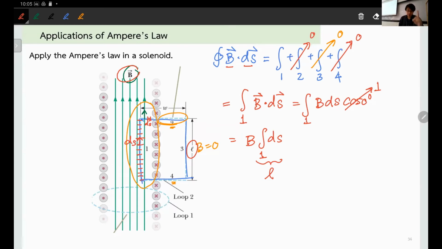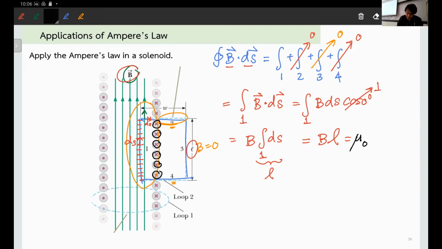Okay, so far, so good. So that means your integral will give you just B times L. And now you equate this to the right-hand side: mu naught times the current inside this loop. The only thing you need to know is, you just have to count how many wires you are looping inside that Ampere's loop.